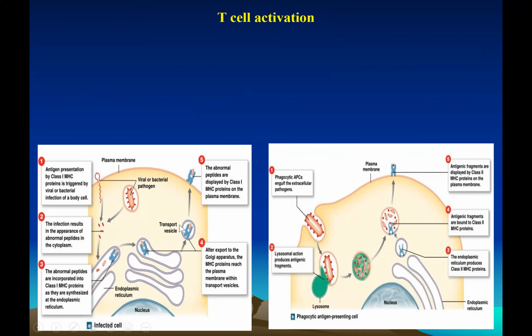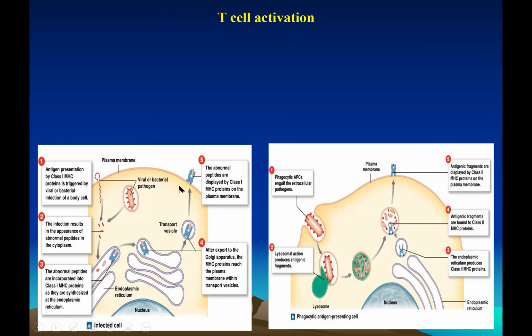Then it will pinch off in a Golgi vesicle, and it will present itself on top. This the T cell can recognize. So now the T cell knows that the invader looks like this. That is why it is called an antigen presenting cell.